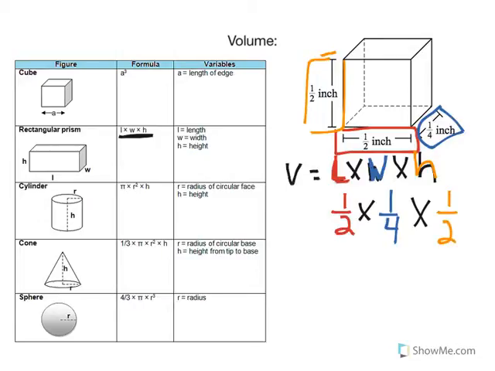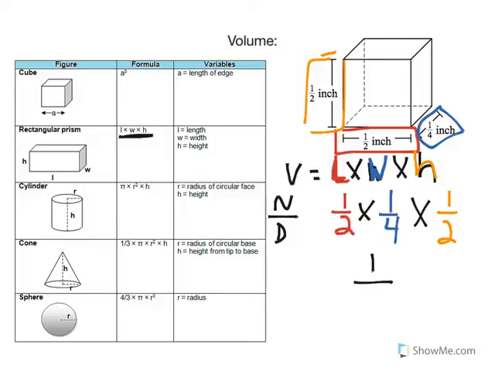So when we're multiplying across with fractions, we multiply across the numerators, and you should know this, the numerator, the denominator. You multiply across the numerators, so we do 1 times 1 times 1, which is 1, okay?